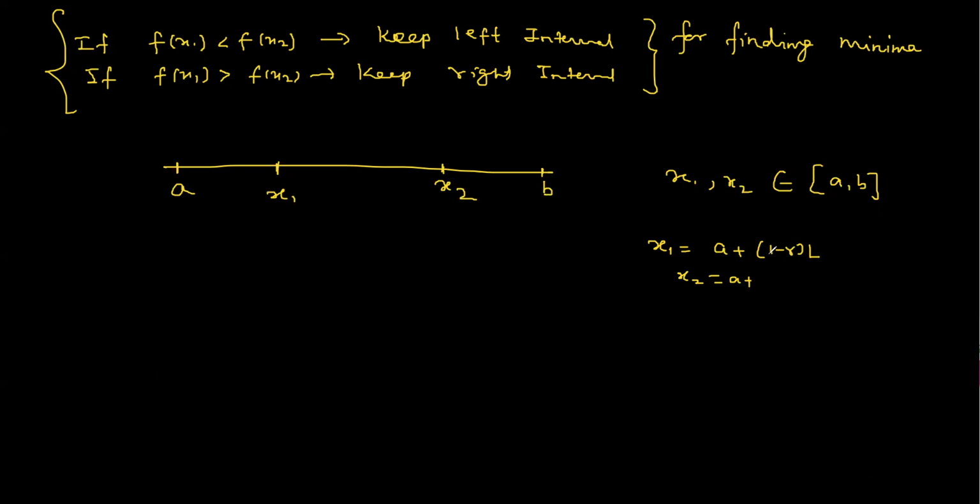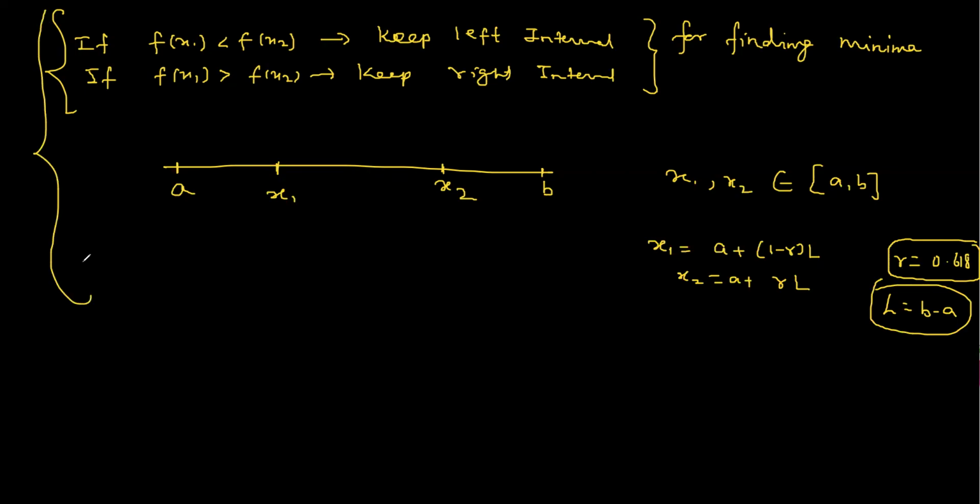x1, x2 was not given. We find them there, right? This is r L. What is r? r is nothing but a ratio constant, and this is equal to 0.618. Okay. And what is L? b minus a, the length of the interval. This is the rule of the golden search method. And do iterations until you get a minus b less than epsilon. Epsilon is what?